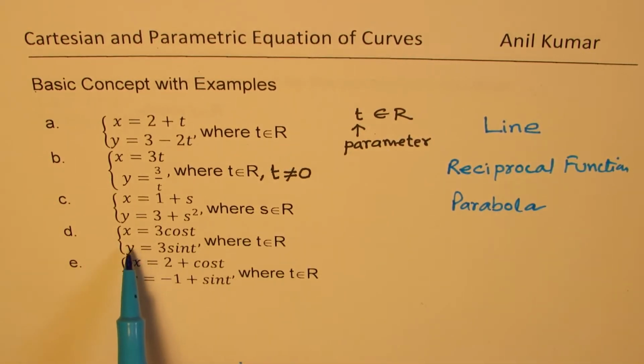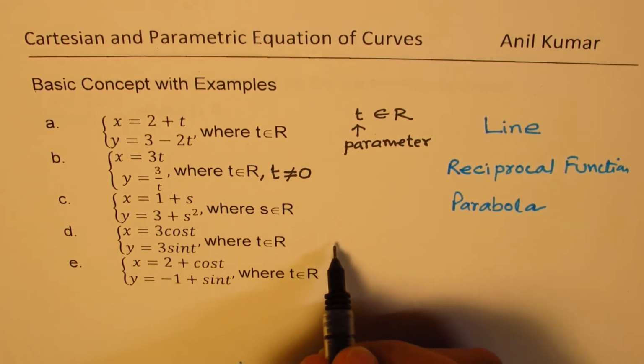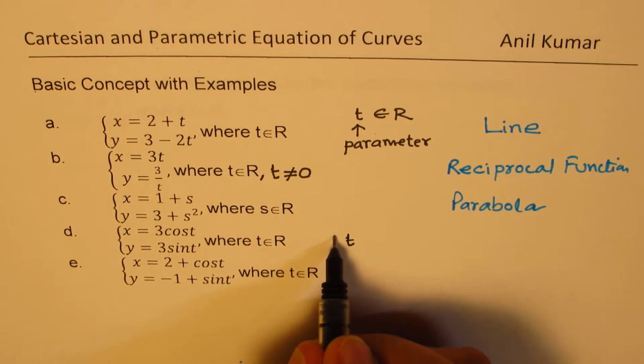Then we have trigonometric functions coming up. We have x equals 3 cos t, y equals 3 sin t. t could be any real number. Now, it is not necessary that we always put t equals real numbers, right? We could sometimes provide t in a limited range also.